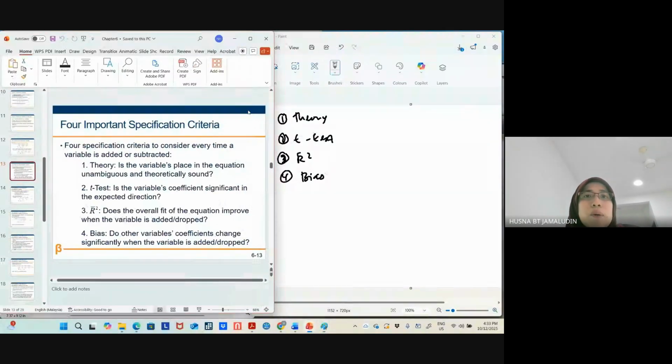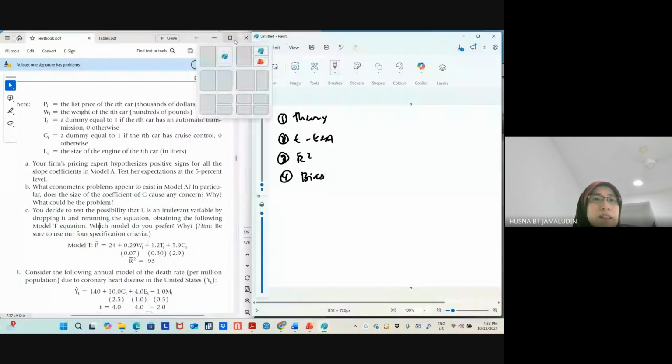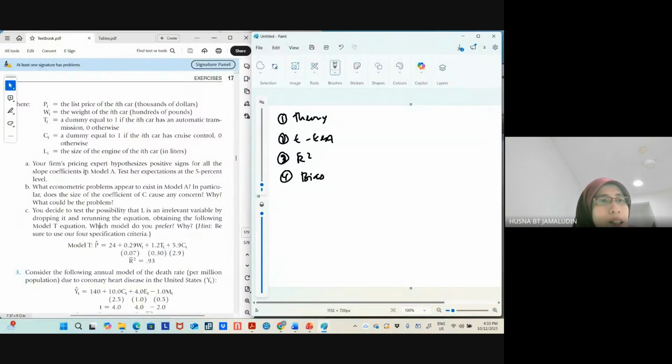Okay, let's close our slide. So let's check the theory. Size of the engine: the bigger the size of the engine, perhaps it tells that the car is a good car, so the price will be higher. So let's assume that the theory supports L. Okay, theory says okay.